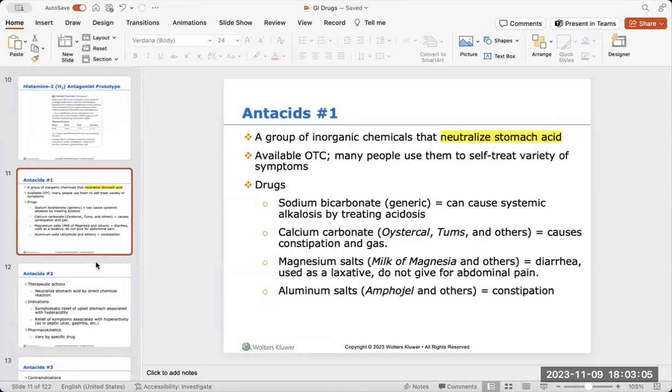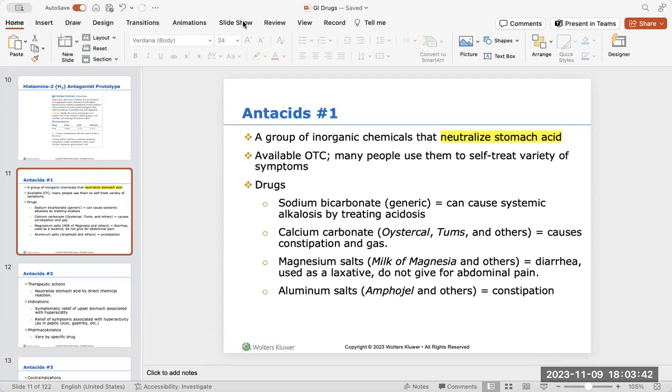Then we have antacids, which neutralize stomach acid, okay? And drugs that are in this class, and this is, I think, the part that I would focus on the most for your exams, is that sodium bicarbonate is a drug of choice, but if we give this, which is an antacid, it can cause systemic alkalosis, because when you give sodium bicarbonate, it's treating that acidotic environment that the stomach is providing, but it might cause the stomach to become so alkaline that it might cause systemic alkalosis, because a normal pH in the stomach is like 1.5 to 3.